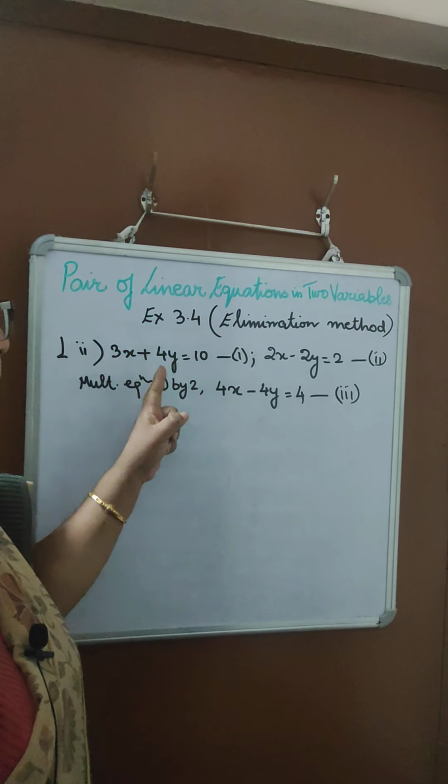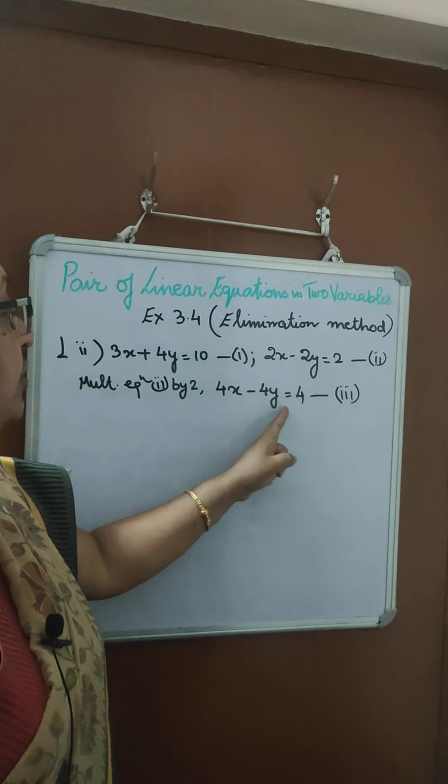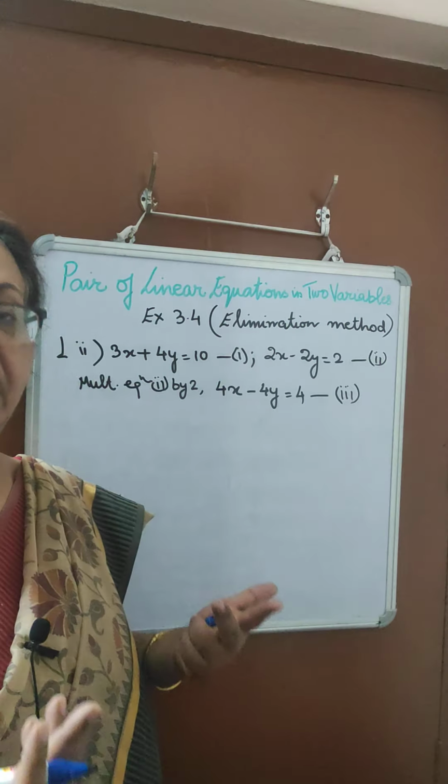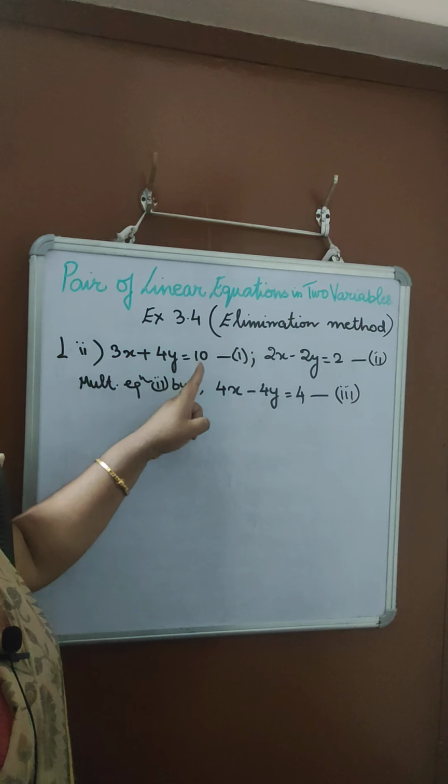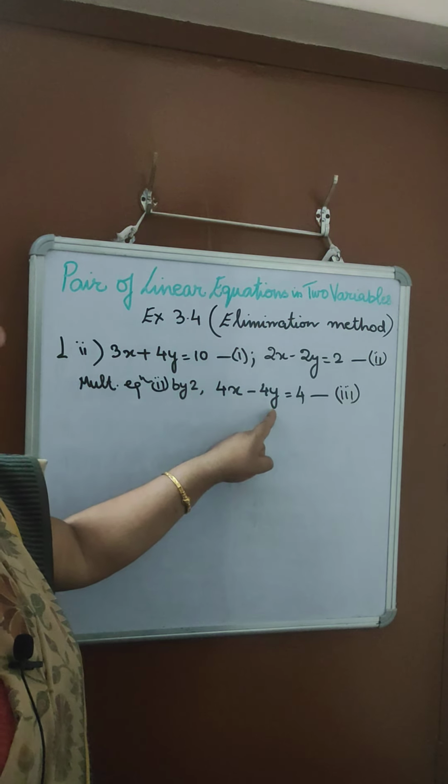Now see this equation 1 and equation 3. 3x, 4x not same. 4y, 4y. Now one variable is same. So now we can easily eliminate. How can we eliminate? We will see this equation 1 and equation 3.